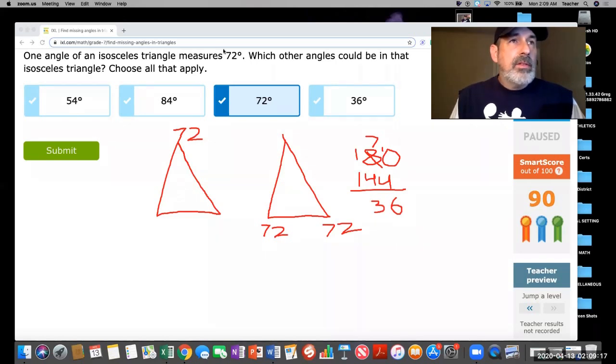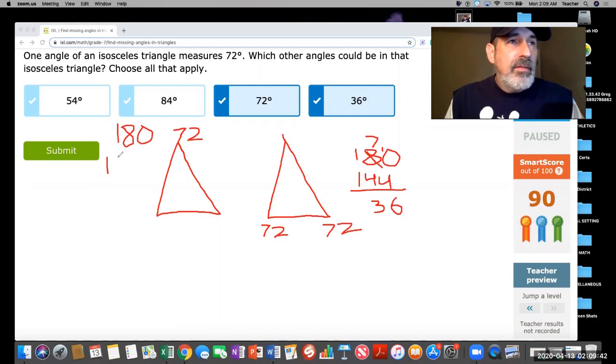So I'm going to go to my mouse over here. Double check on that one as well. That's why I specifically wanted to show you a problem like this, because sometimes there's a whole lot of answers. Now, if 72 is at the top, what's going to be left? 180 minus 72.